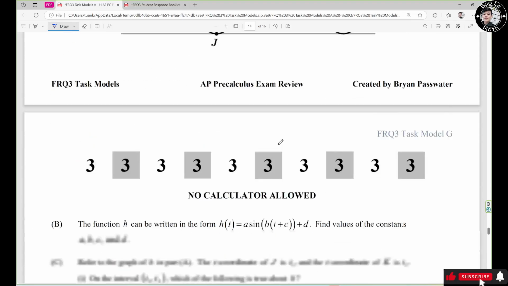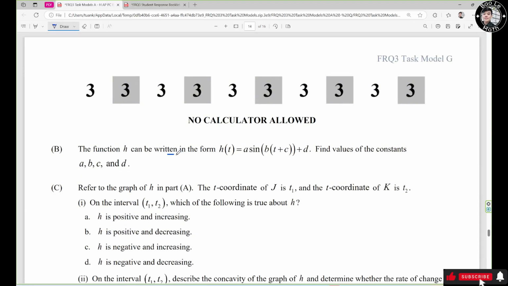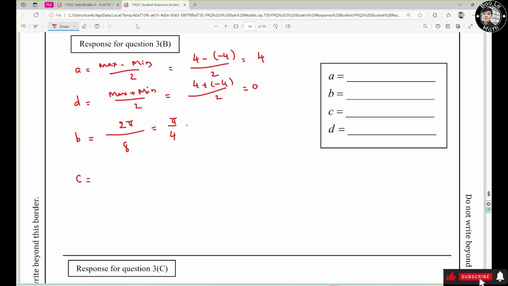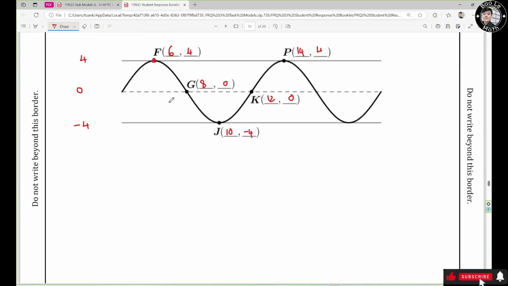The function h can be written in the form h of t equals A sine of B times t plus C, plus D. This is the sine function, and the sine function starts from the midline. So you're going to pick either the starting point right here, or right here.